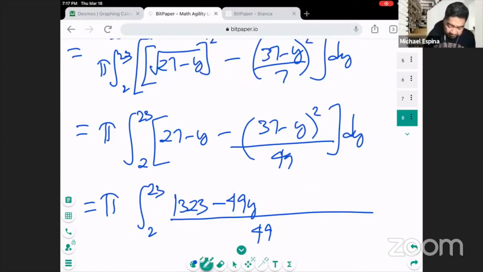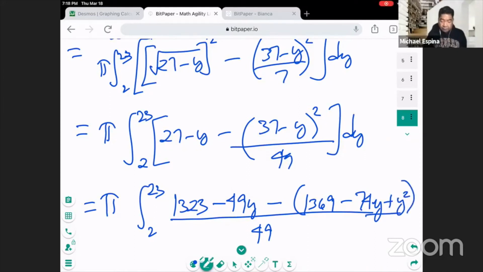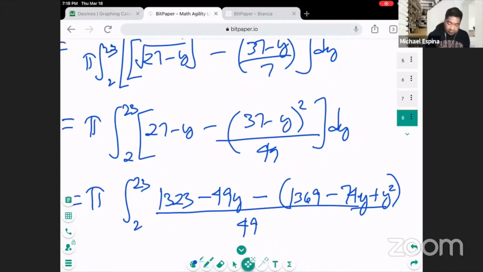And then let's expand what is inside. So 37 squared would be 1369. And then minus 37 times 2y, so minus 74y. And then plus y squared, right? Okay, and then our dy, of course.